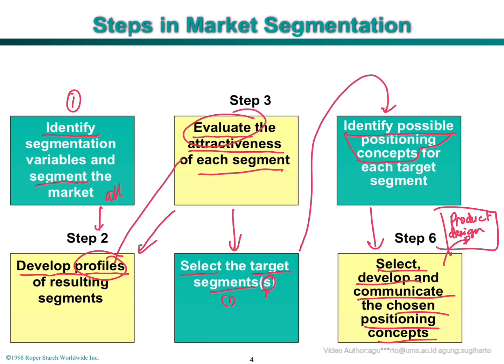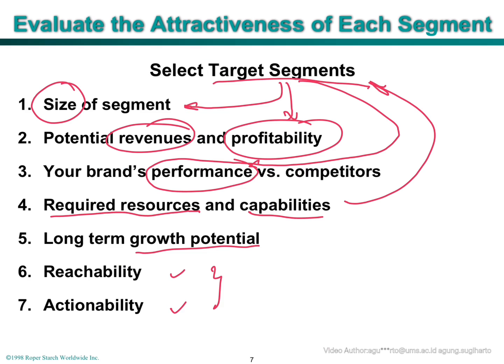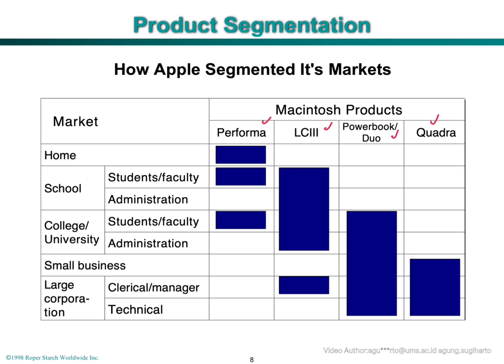Yes, the 6 steps in market segmentation. You guys know about this. There are 6 steps here: identify, then develop profile, then evaluate, then select the target, then the positioning concept, then select the product or product feature for the product design, and then the segmentation variable, and evaluate the attractiveness of the segment. This is an example, the market segmentation by Apple.